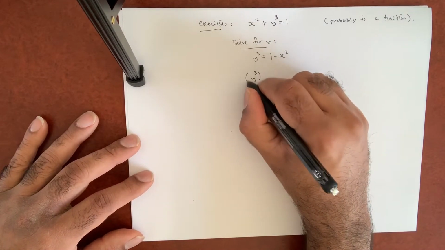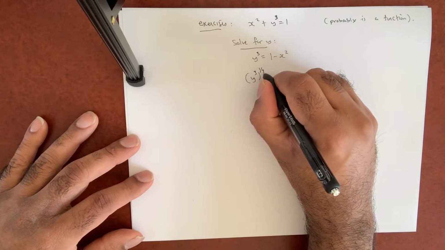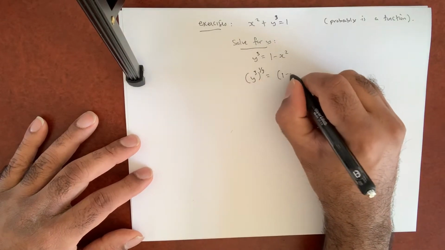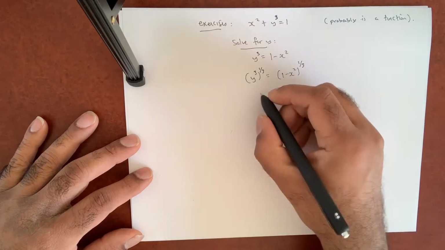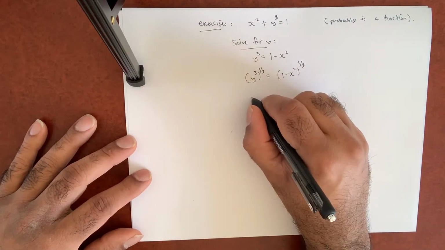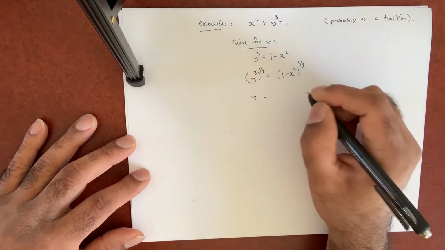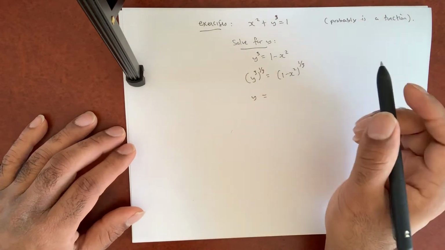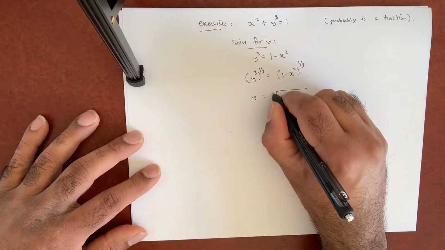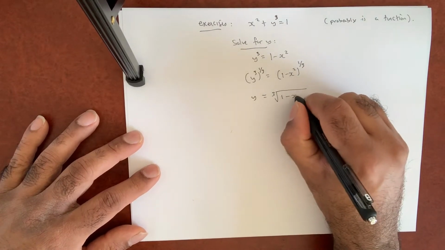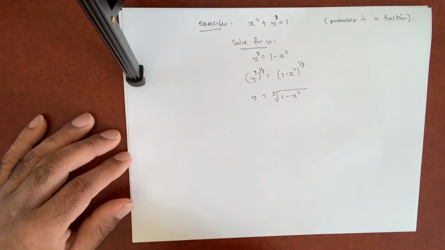So y cubed to the 1/3 power is equal to 1 minus x squared to the 1/3 power. And that's a legal operation here, to put both sides to an exponent. And that gives you that y is actually the cube root of 1 minus x squared.